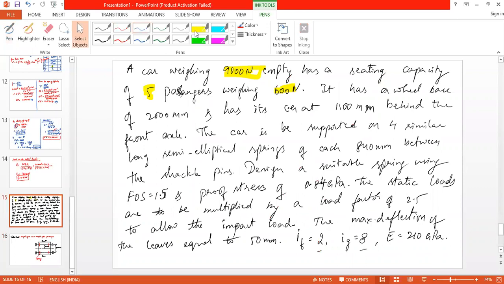And here one more data is given. The static loads are to be multiplied by a load factor of 2.5 to allow the impact load.